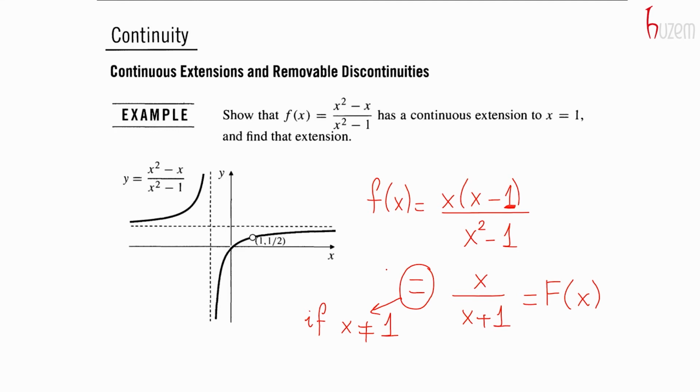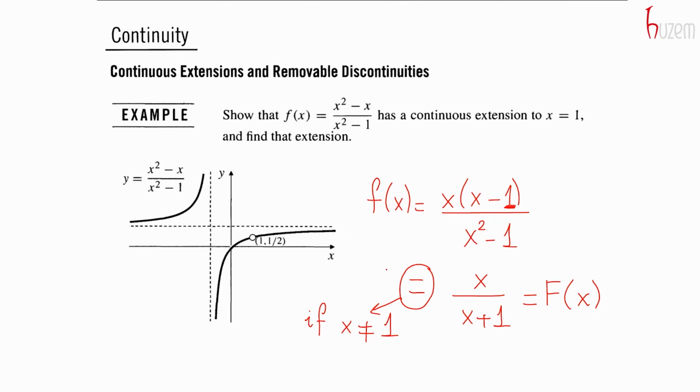So let's look at this example. You have (x squared minus x) divided by (x squared minus 1). Say this is f(x). Let's show that it has a continuous extension to x equals 1, and let's say what the extension is.